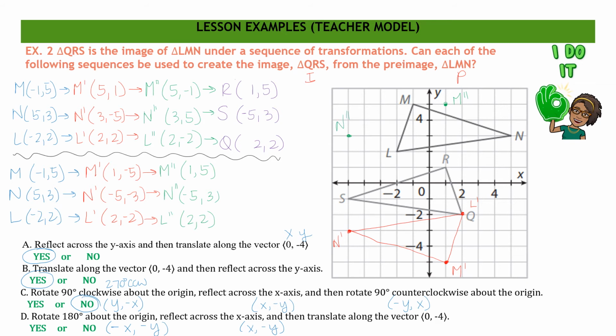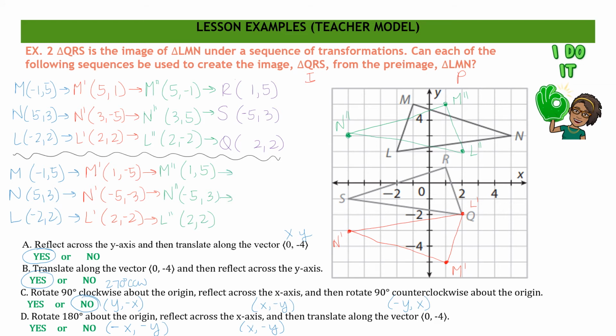And then for L double prime, I have 2, 2, which is here. So this is my reflection across the x-axis here. And that's a little off, but that's okay. That's my reflection across my x-axis.